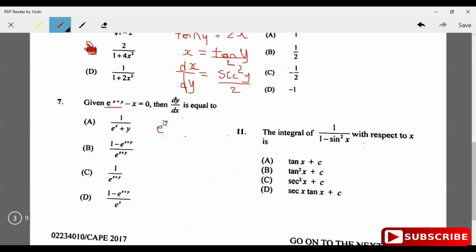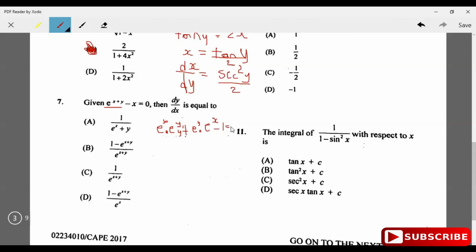So we keep the first, then differentiate the second, plus keep the second, then differentiate the first. So I need to have a y prime right here, plus keep the second times the differential of the first. When I differentiate x, I get 1.